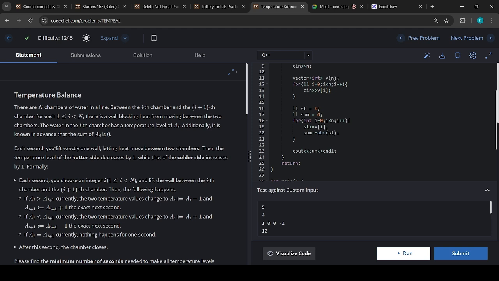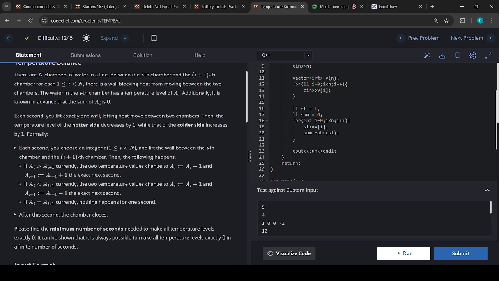Each second, we will lift exactly one wall, letting heat move between two chambers. Then the temperature level of the hotter side decreases by 1, while that of the colder side increases by 1. Means if we open the wall, then the chamber with the higher temperature will decrease by 1, and the colder one will increase by 1.